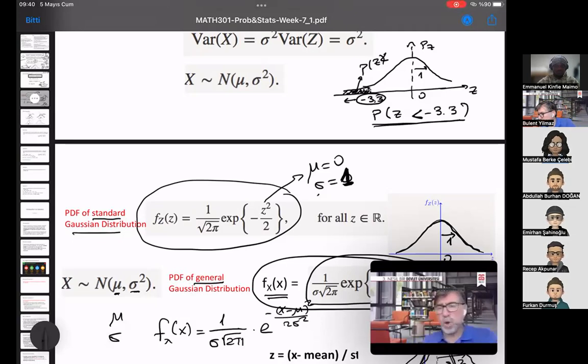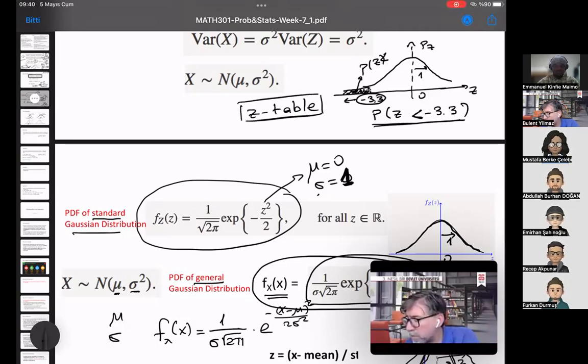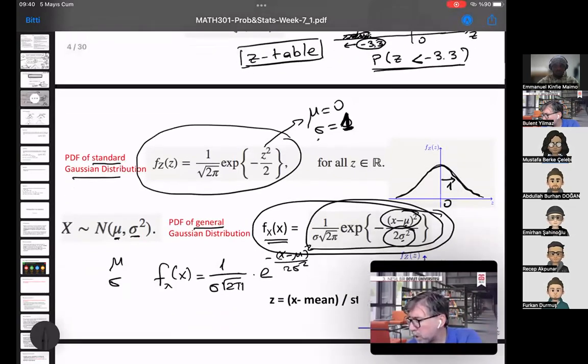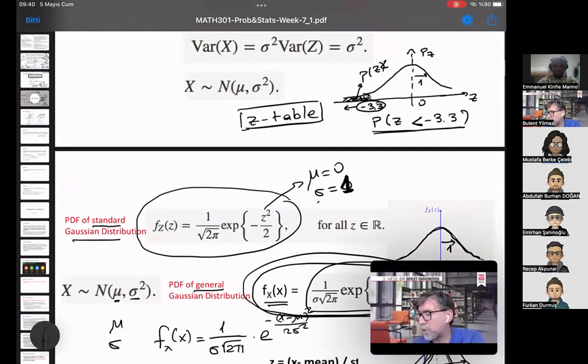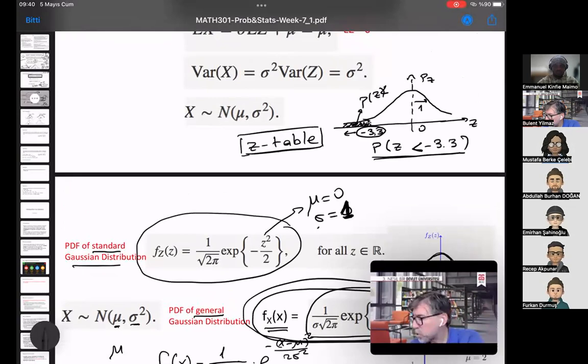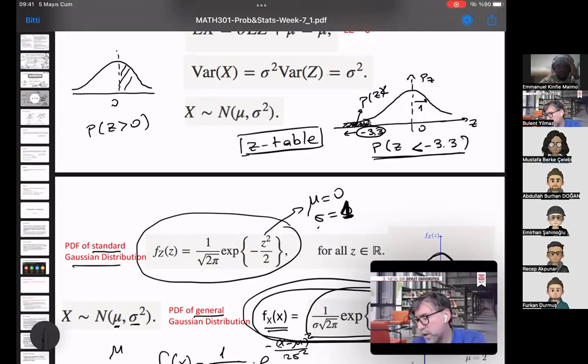So we use a Z table. You can find it everywhere, and in exams I will give you the Z tables. It's not memorizable. It's like finding the output of this PDF integral using a table. So the probability of Z greater than 0 is half of my PDF, so it's going to be 0.5.